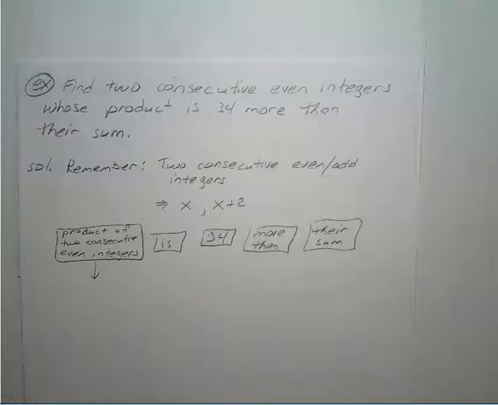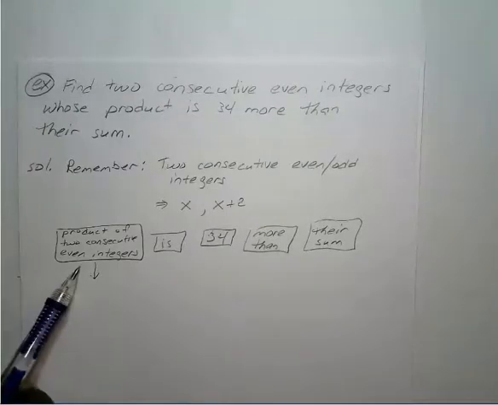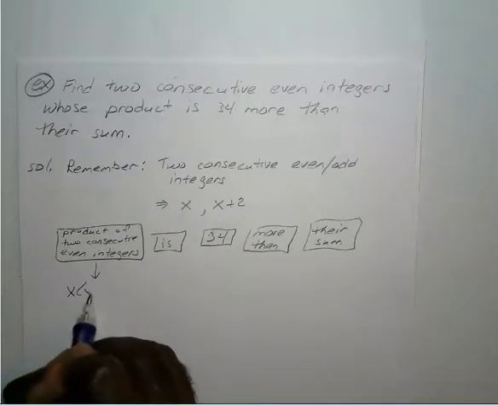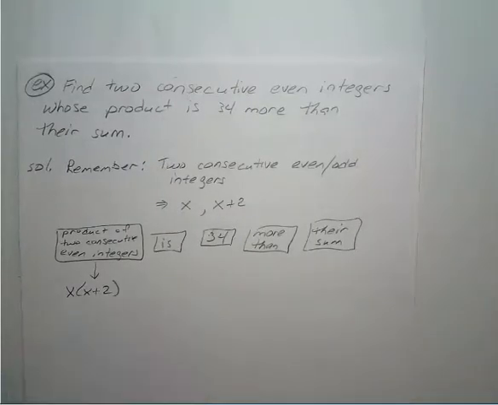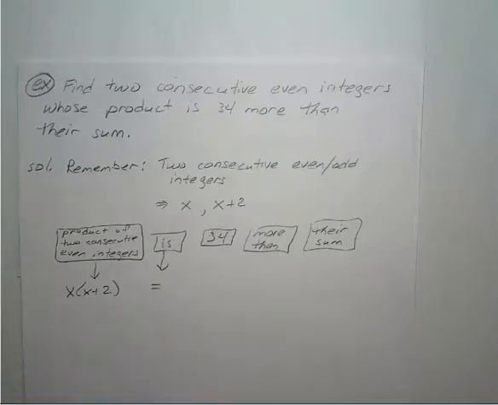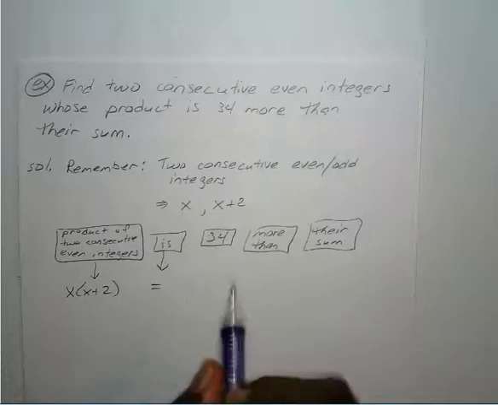So the product of two consecutive integers, again, we don't know what the integers are, so we'll make it x times x plus 2, since product means multiply. Is, that's the term for equals, 34.